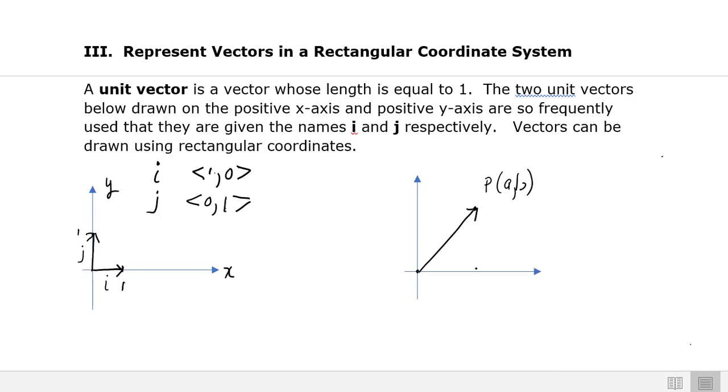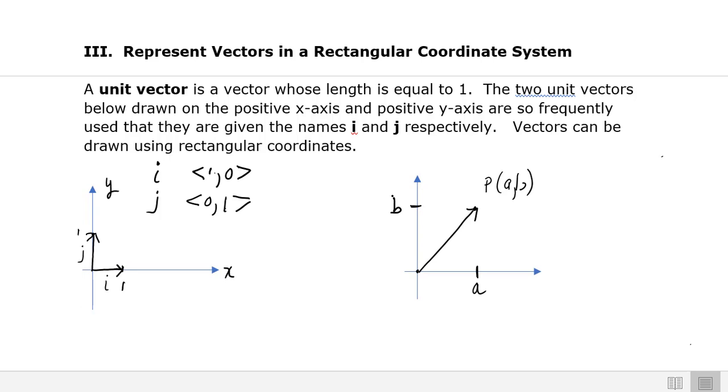Remember, this distance from the origin out to here, the length of that is a. And the vertical distance here, this would be b.